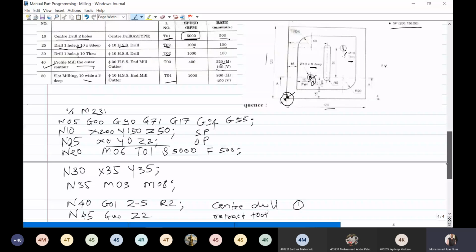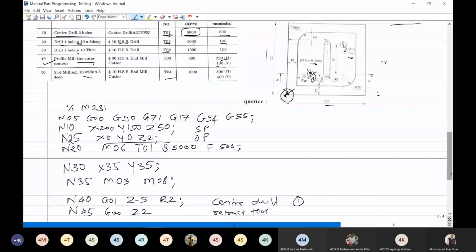For the first I have taken X35 and Y35, that is 15 plus 20, and this also 15 plus 20.